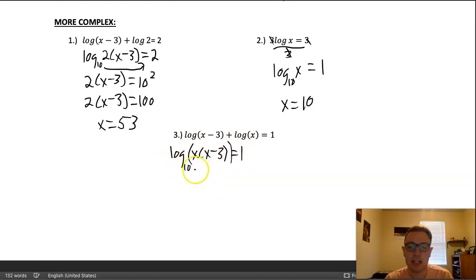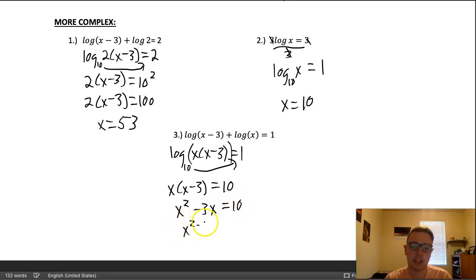Remember, this is base 10, so it becomes the base of our exponent, and we have x times x minus 3 is equal to 10. Or this is the same thing as x squared minus 3x is equal to 10, or x squared minus 3x minus 10 is equal to 0.